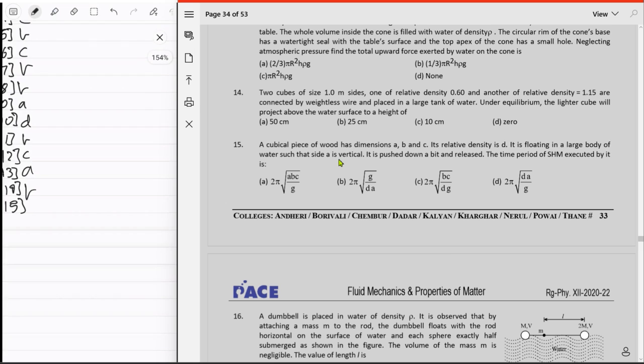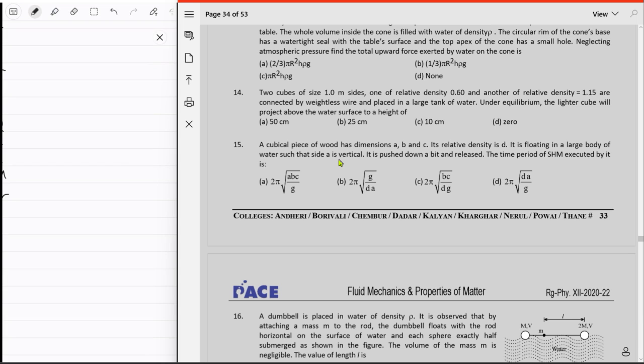So the force on this, say its extra depth is X. That amount of volume is what we have. Rho is the density, and the relative density is D, so rho of the solid.